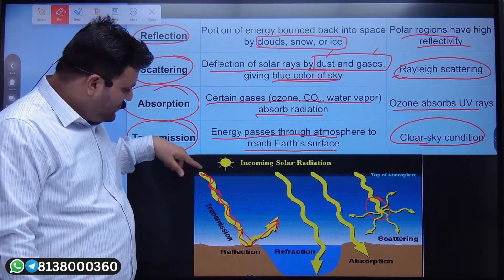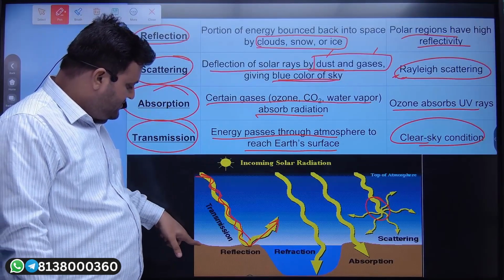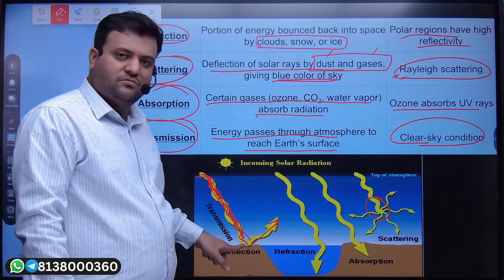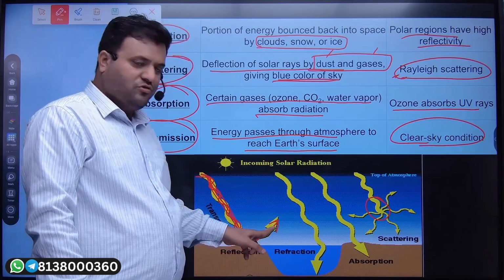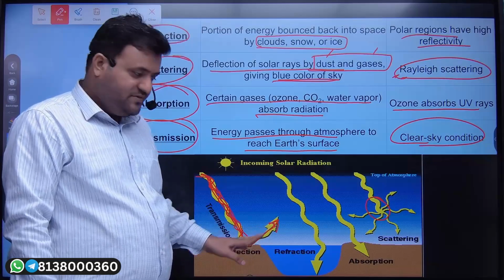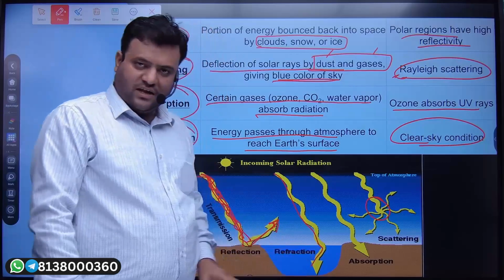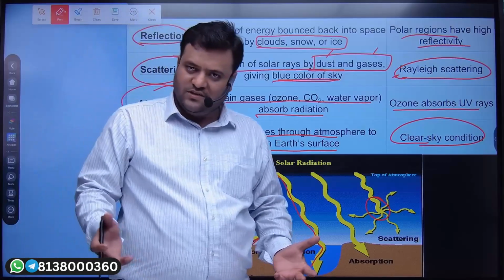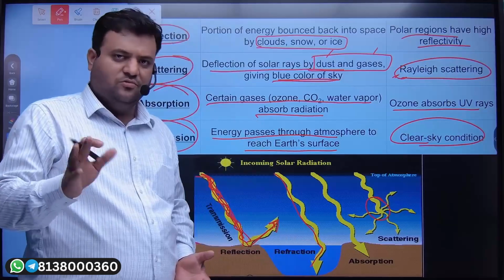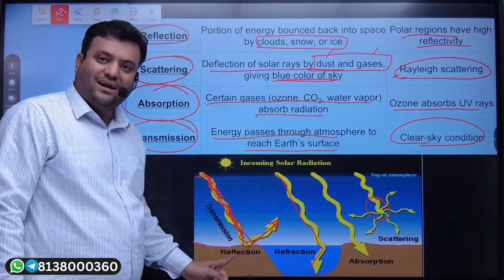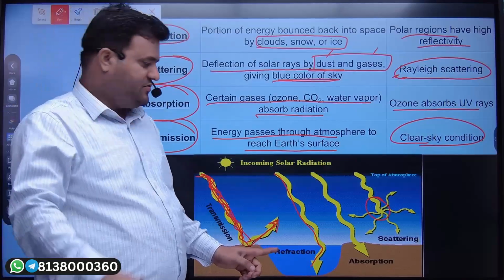So when we have the top of the atmosphere, or let's say the earth's surface, and a propagation of these waves, transmission, then they reflect because of shiny objects. We could have a refraction when there are water bodies. Water bodies, if you see from the sky, are sometimes also shiny. So yes, water bodies are also reflecting some part of the sunlight. Okay.